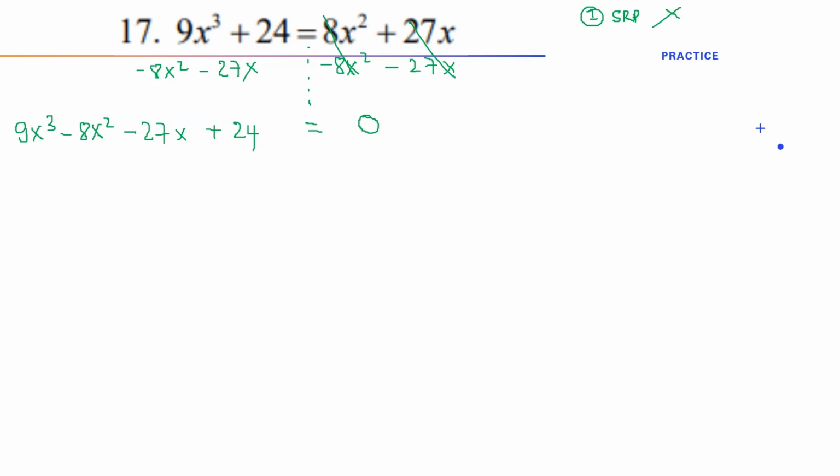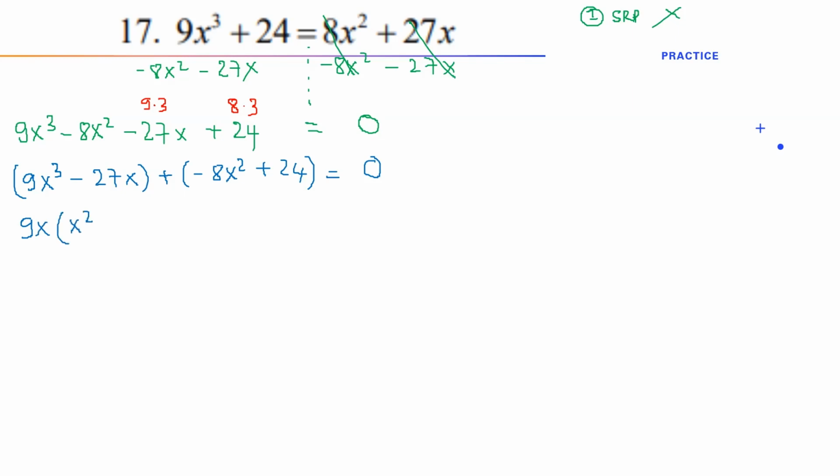Now notice that 27 is 9 times 3, and 24 is 8 times 3. So I will group 9x cubed with the negative 27x, plus negative 8x squared plus 24. 9x cubed and negative 27x have a common 9x, right?